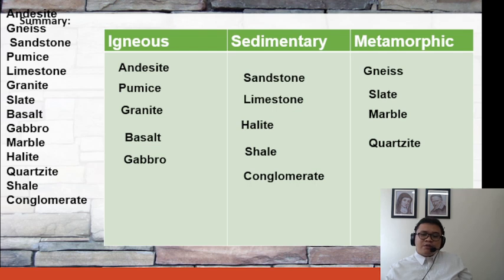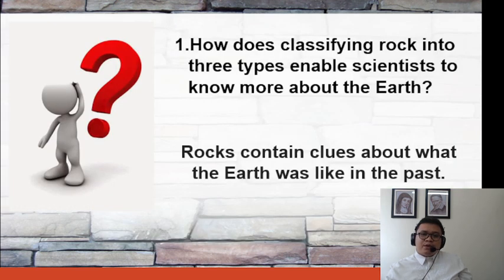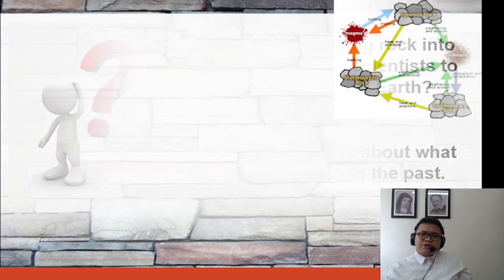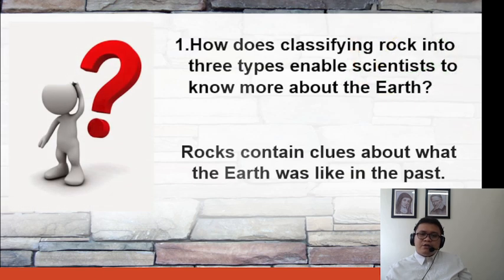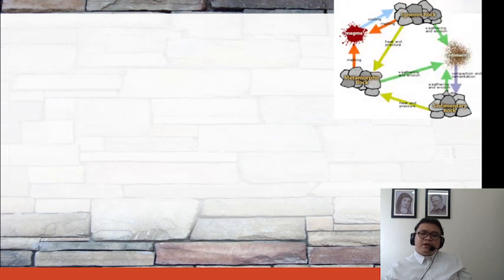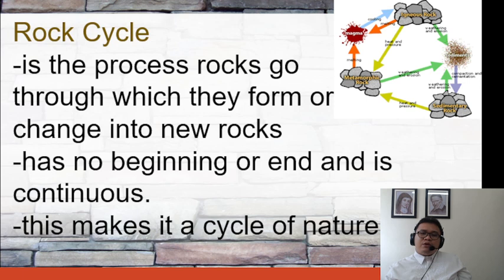Now, I mentioned a while ago that we will also include here the discussion on the rock cycle. Let's first ask this question: how does classifying rock into three types enable scientists to know more about Earth? We answered this a while ago: the rocks contain clues about what the Earth was like in the past. Let us further identify how each of these rocks interact with one another.